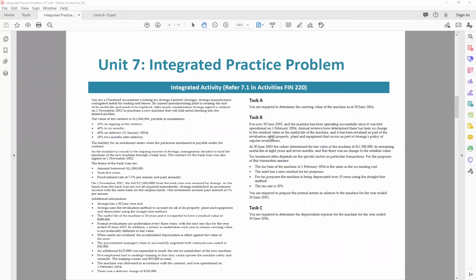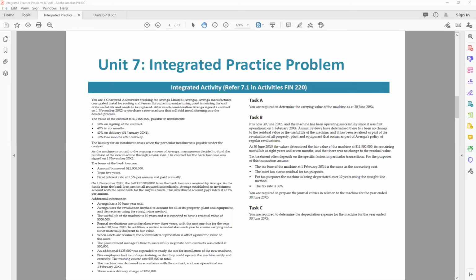Now onto some specific information that relates to Task B. We are told that at 30 June X5, the machine is operating successfully, so no changes in any residual values or the useful life. However, it was determined that at the end of X5, the fair value of the machine was estimated at 11.5 million, with a remaining useful life of 8 years and 7 months.